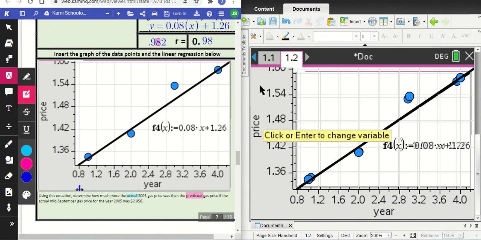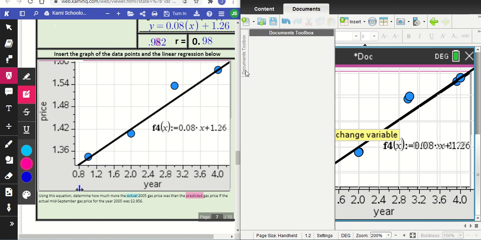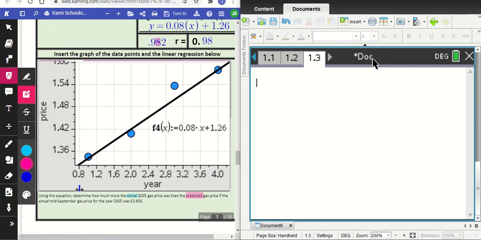So to find that, I'm going to go to my document, to my calculator, data page, and I just want a calculator page. So my equation is 0.08 times, if we're talking about 2005, years since 2000 has been 5 years. So my x is 5 plus 1.26.